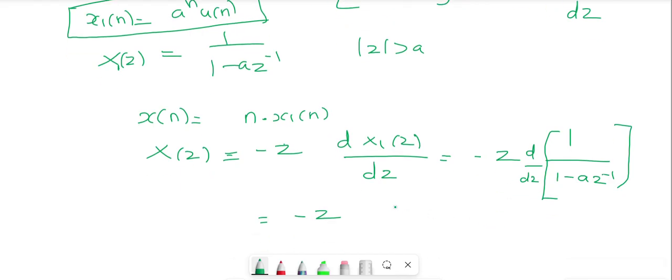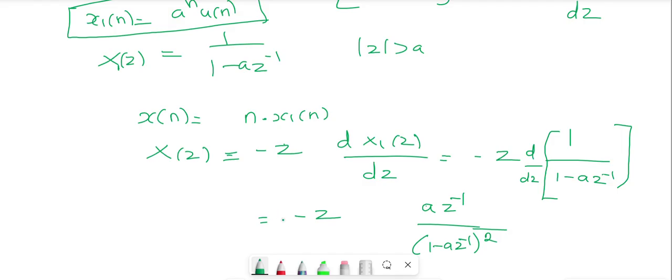Now if we simplify this, d by dz of u by v is v into du by dz minus u into dv by dz, divided by v square. So you can write this as a z inverse divided by 1 minus a z inverse, the whole square, if you differentiate.